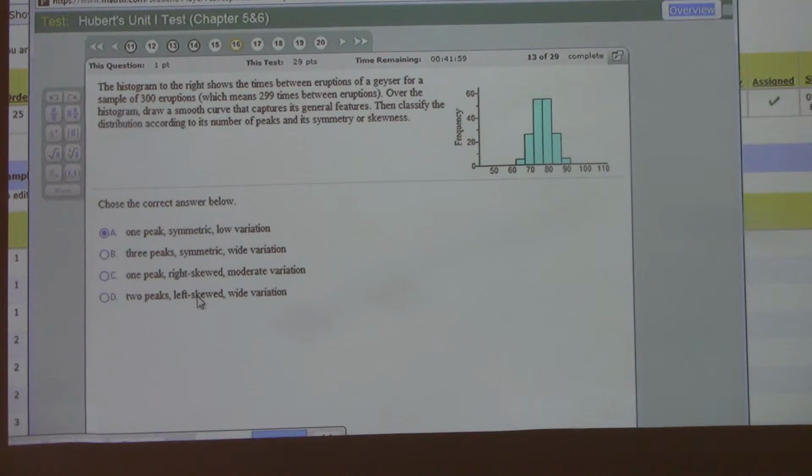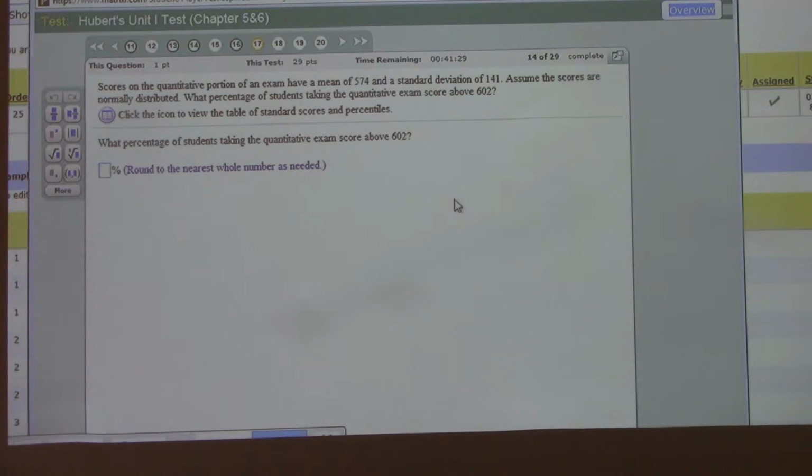It's not right skewed or left skewed. I'll take both answers, but I think the answer is A, one peak, because this is the peak right here. And it's symmetric because if you draw a line down the middle, the sides are mirror images of each other. We've already done two or three like those.